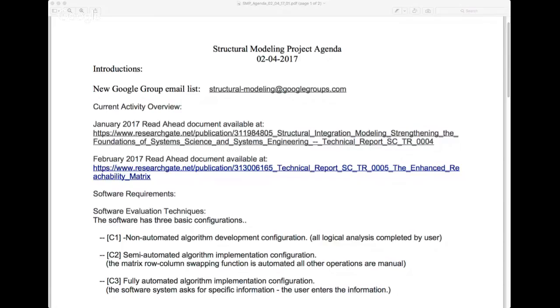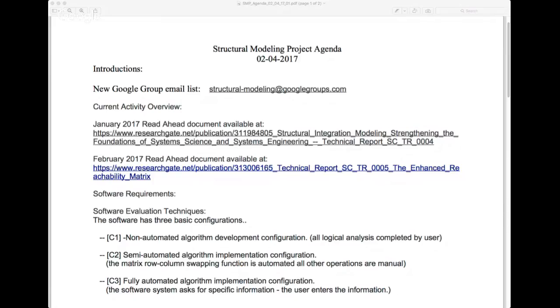The second version of the software is semi-automated. It's similar to the first version, except that the matrix manipulation, the matrix row-column swapping function, has been automated.